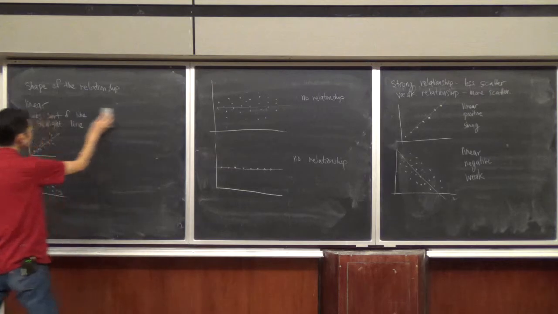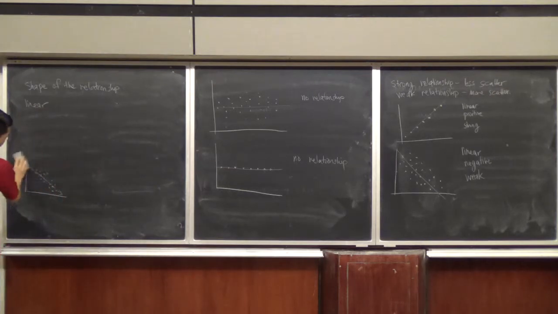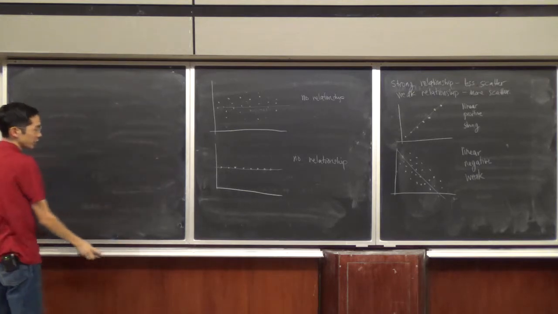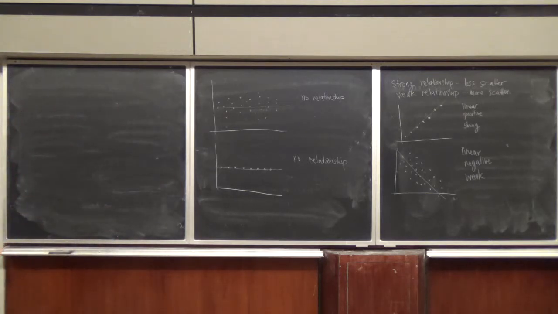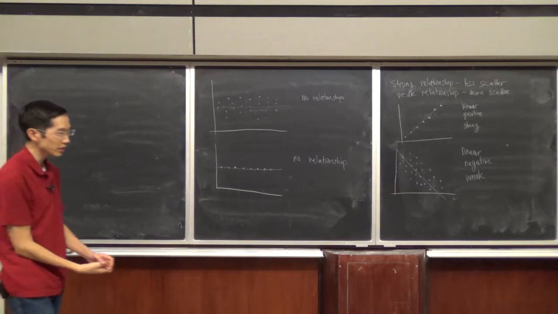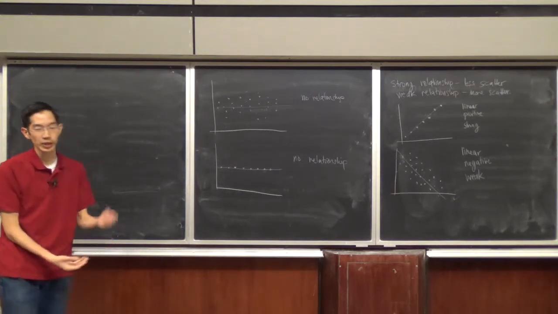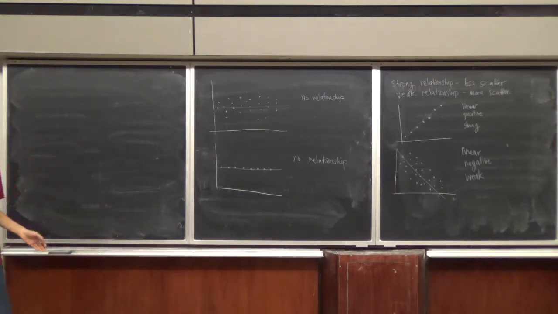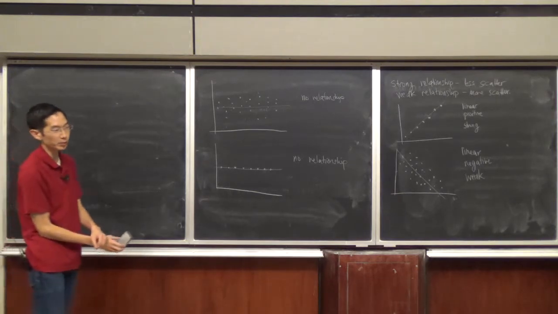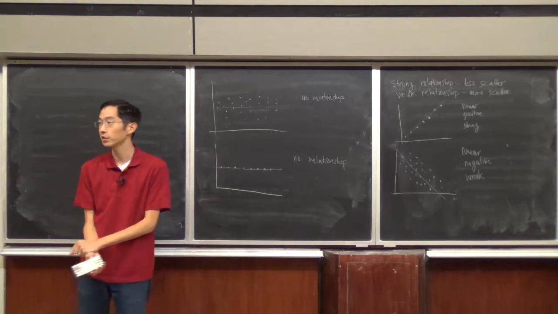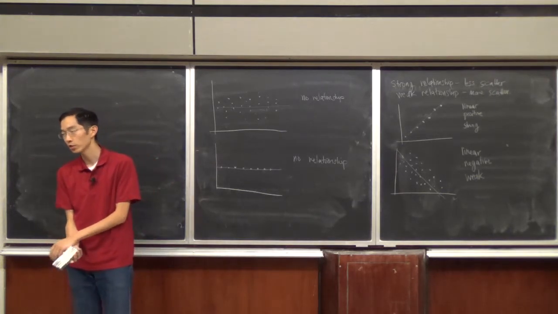Going back to chapter 3, we said when describing a numeric variable, we want to mention center, shape, and spread. For the center and the spread, we had summary statistics, such as the mean and the median for the center, and for the spread, the standard deviation, the IQR, and the range.